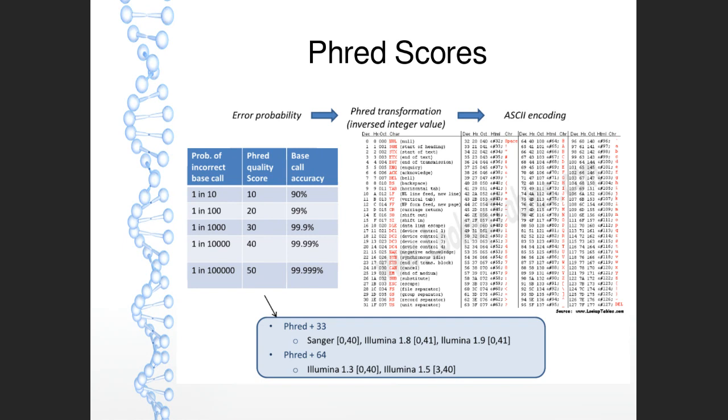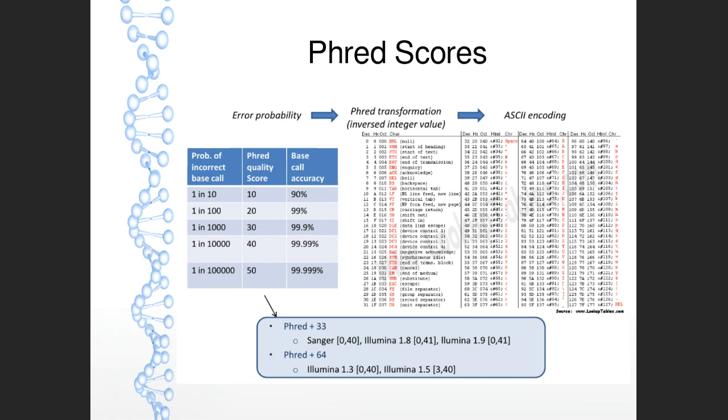When we get back our sequence data in the form of a FastQ file, that's a FastA file but with some quality data, FastQ, the Q for quality, we'll have this information encoded within that file. So we don't need to worry too much about how that information is encoded. If you're interested, you can have a closer look at this table, but it's not essential to know exactly how that information is encoded, because we take that encoded information and plug it into a tool like FastQC, which converts that back into a Phred score that we can actually read and analyze.